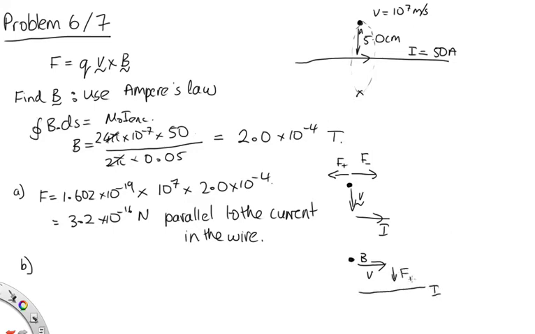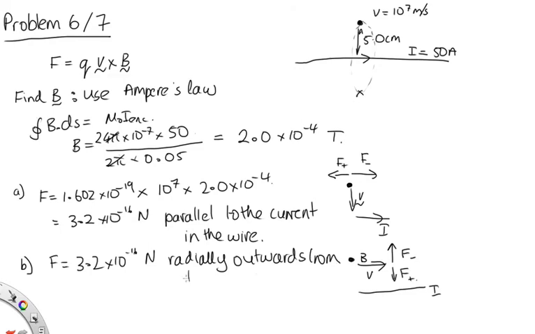So this is the force on the positive particle, but as this is an electron and it's negative, the force will be directed in the opposite direction, so radially outwards. And so the force, the magnitude is going to be the same, as we've got the same Q, the same V, and the same B, and V and B are still perpendicular, so it will be 3.2 times 10 to the minus 16 newtons, and this will be radially outwards from the wire.